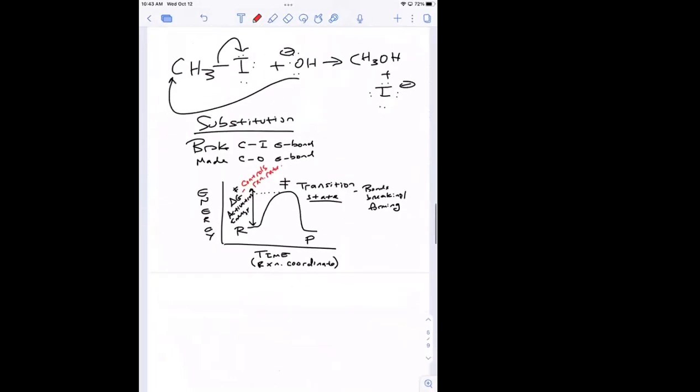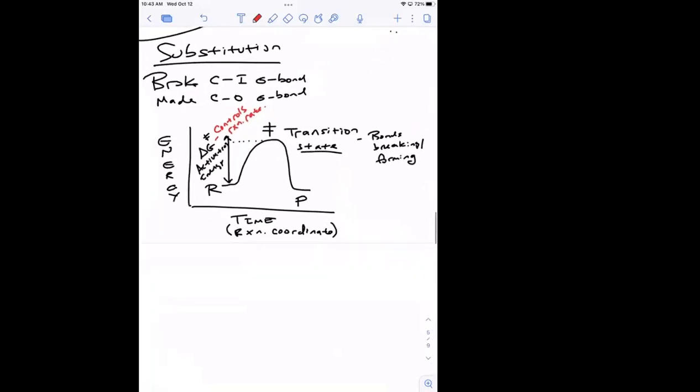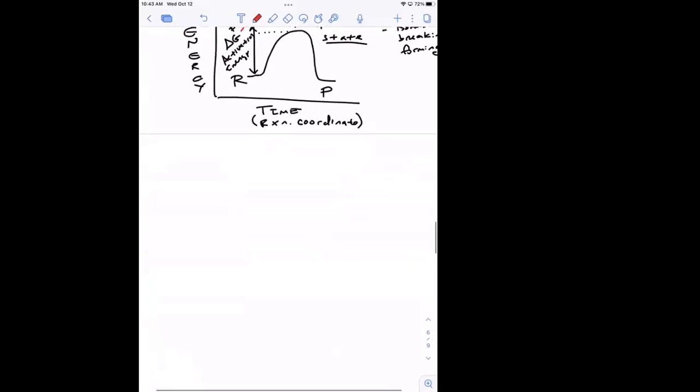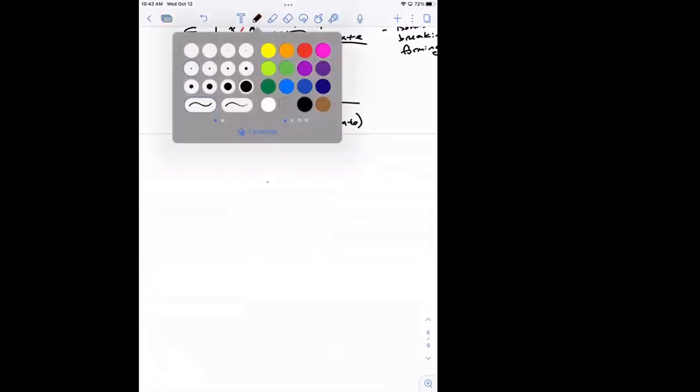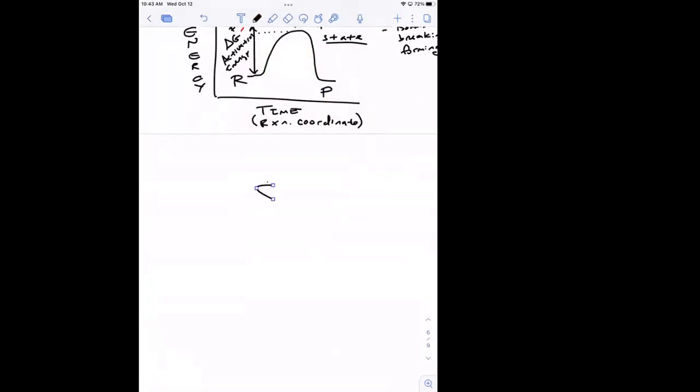All right, so for this reaction, let me show you the transition state. I want to show you that, and I also want to show you how we can figure out if it's exothermic or endothermic and figure out what KEQ means. All right. So for the reaction that we see up top, this is what the transition state would look like. So we know that it's the carbon, that's the electrophilic site.